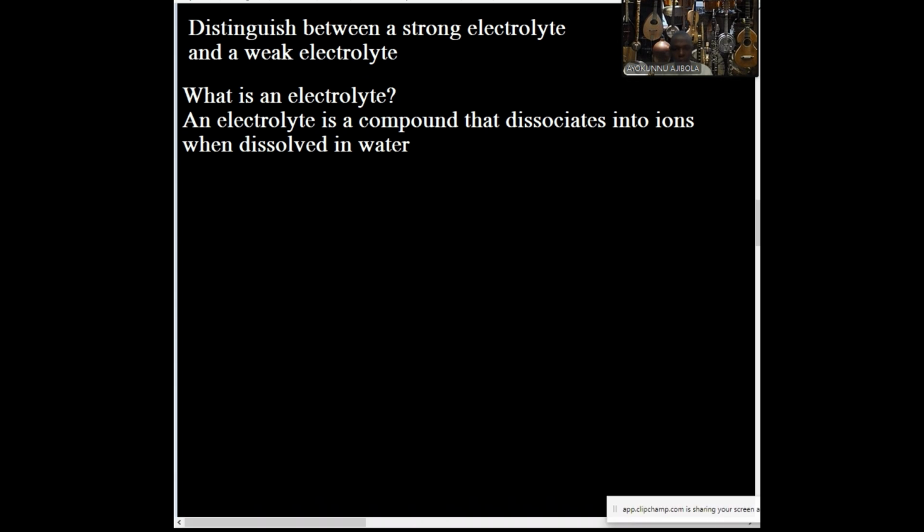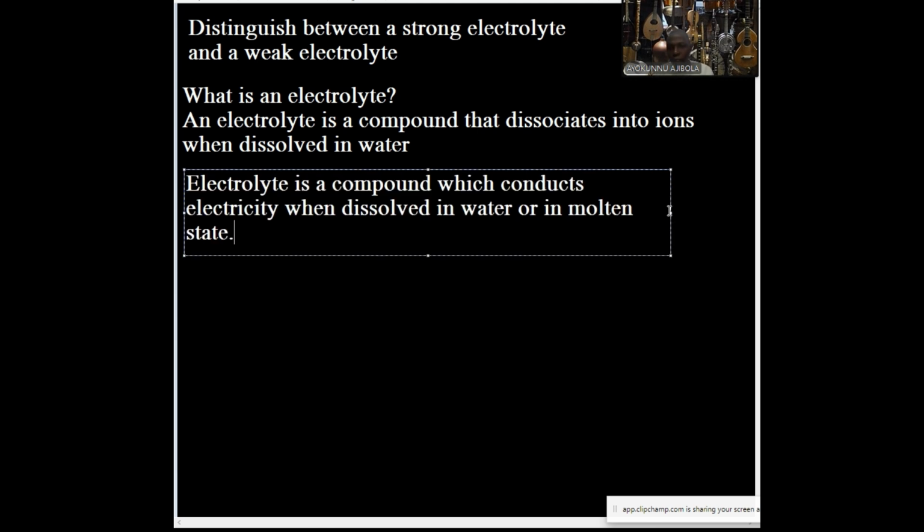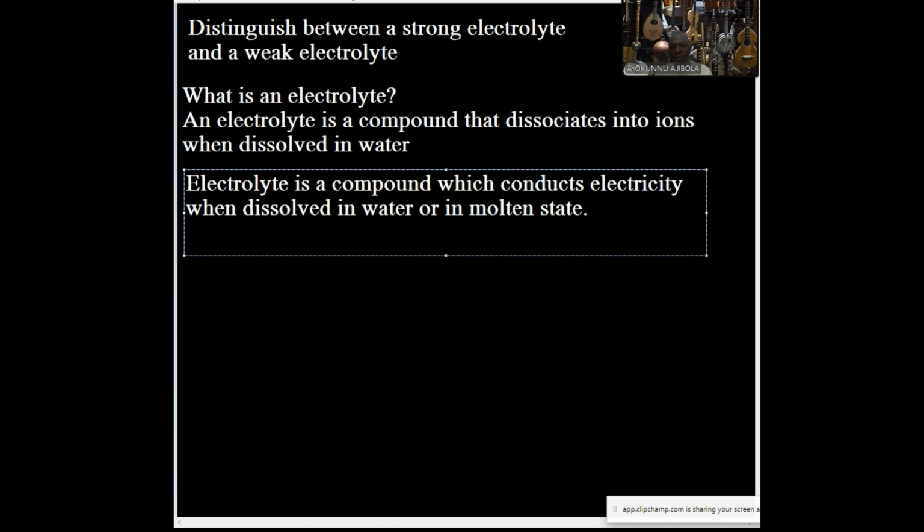Or you can just add and say, okay, it's a compound which conducts electricity when dissolved in water or in a molten state. So whether it's in a liquid or in a molten state, it conducts electricity. It allows the passage of electric current.